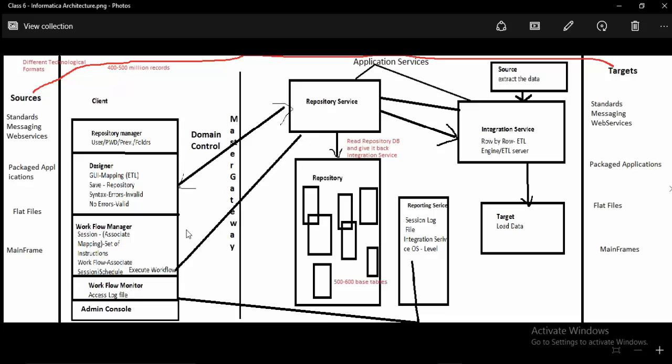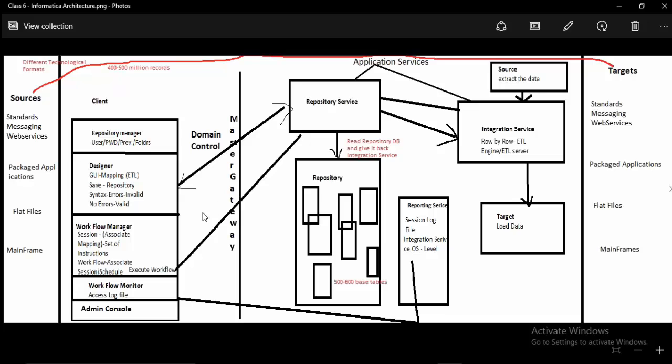So generally what happens, this Informatica, I think someone is taking notes, I'm getting disturbance. What happens is Informatica allocates a separate node for its own purpose.